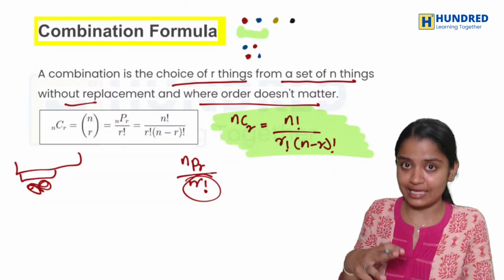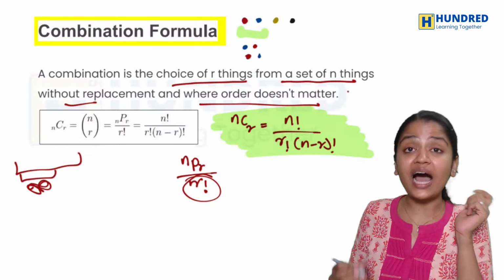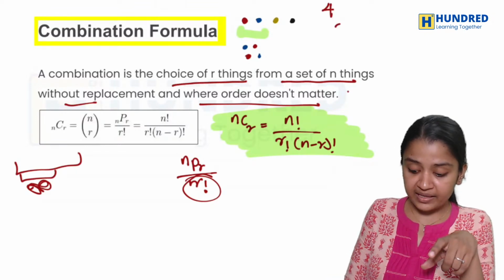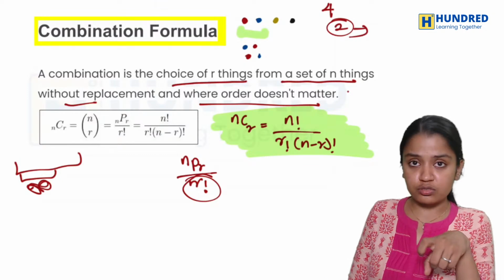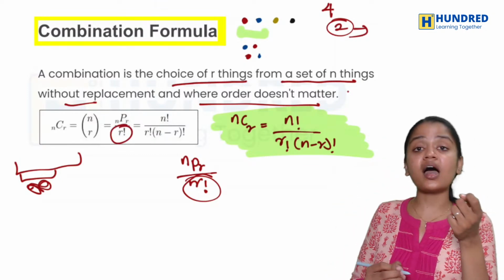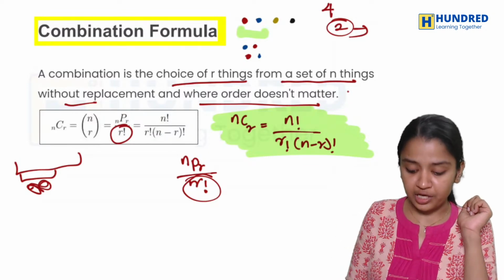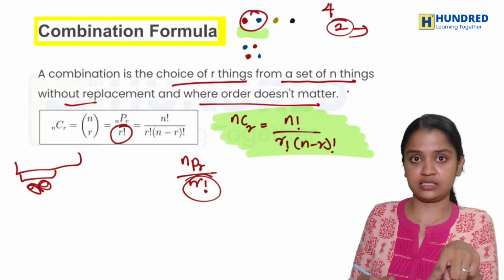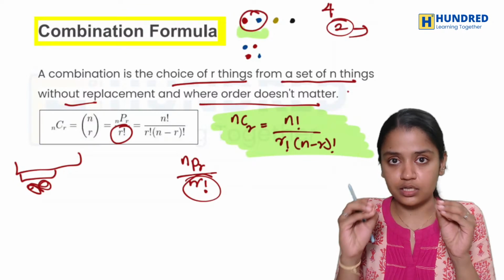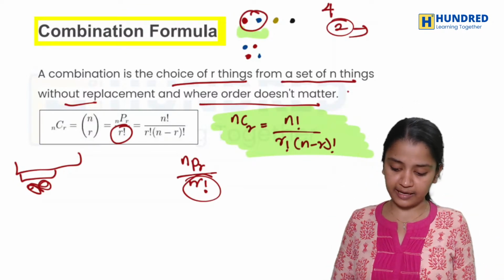In that itself, you can have different arrangements, right? Because here they told you arrangement doesn't matter. So from 4, I'm picking 2. In that 2 itself, I can have different order. That's why an extra r factorial is given. But when you are talking about permutation, the order in which you're taking is fixed. It matters. So that is why there r factorial is not there.